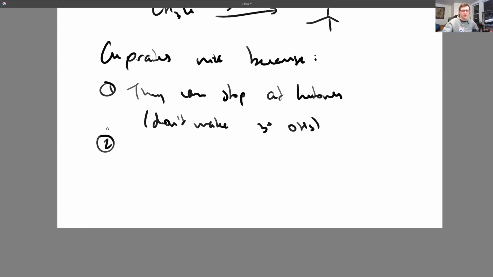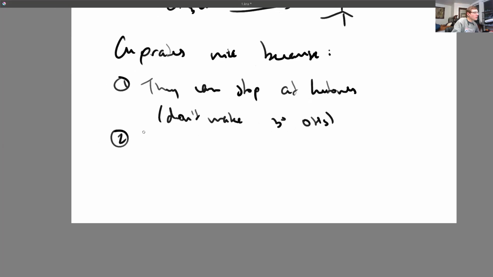Yeah, so the idea is here we have these cuprates, and they're nice because they can stop at ketones, right? And they're also nice because you could do reactions like this, where, let me be more specific. You can have a bromine, let's just stick with bromine because it's a good leaving group.